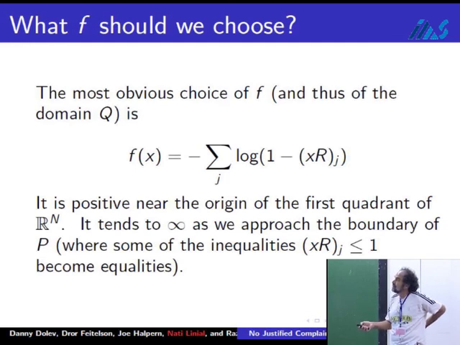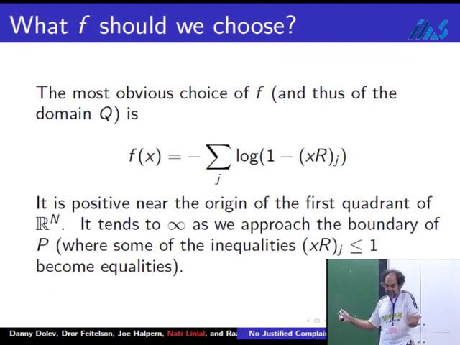I could put in some positive coefficients here, and nothing in the structure of the proof would change. On the other hand, it would lead me to a different optimal solution. So perhaps with a clever choice of this function f, I can achieve additional goals here. I told you what we know. Nothing beyond that.